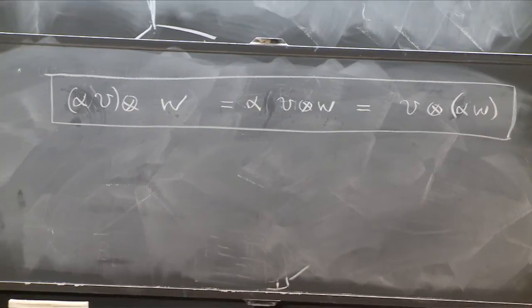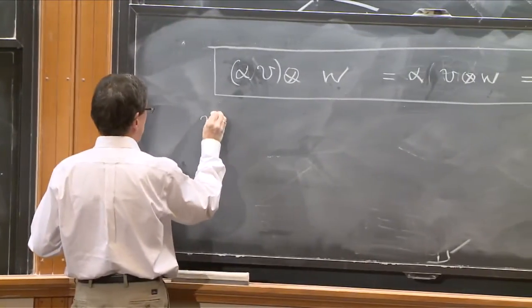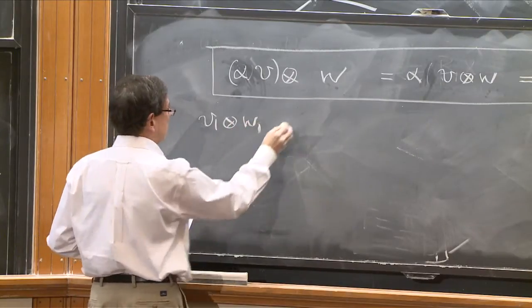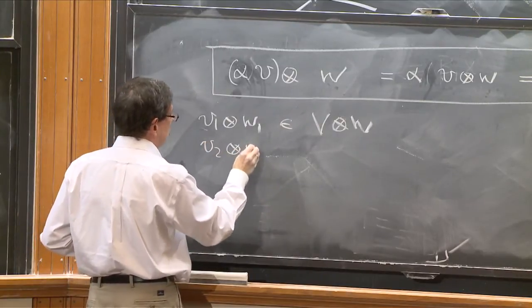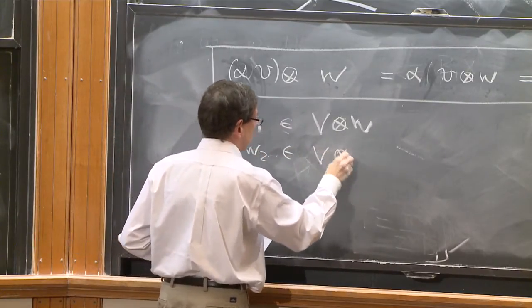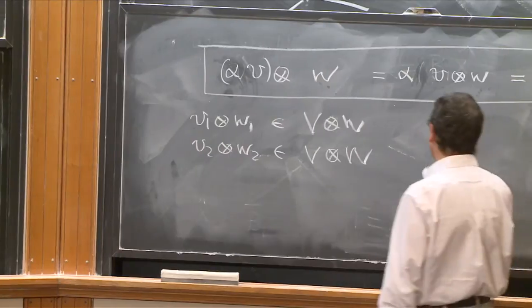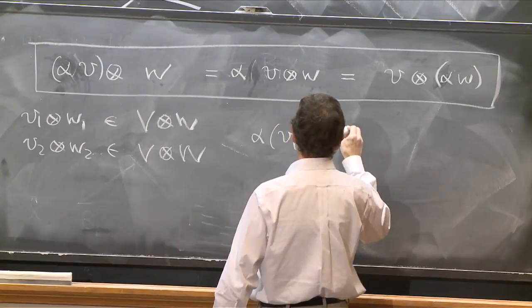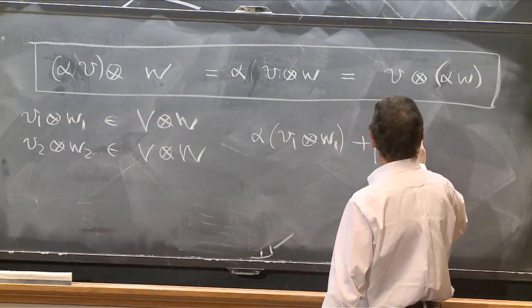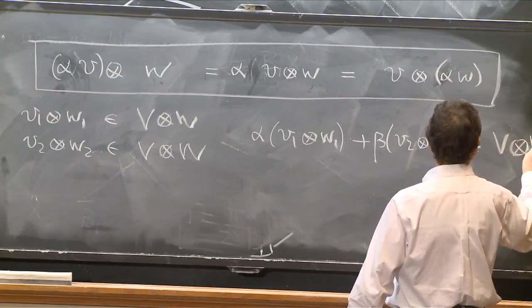Now, if this is a vector in this space, then if, for example, v1 tensor w1 is a vector in V tensor W, and v2 tensor w2 is a vector in V tensor W, then this is supposed to be a linear vector space, so it should be true that alpha v1 tensor w1 plus beta v2 tensor w2 also belongs to this vector space.